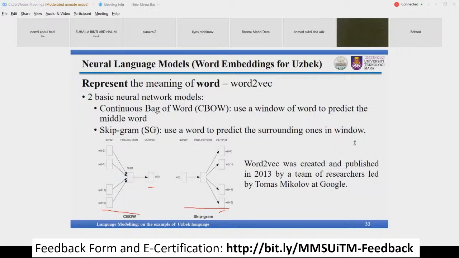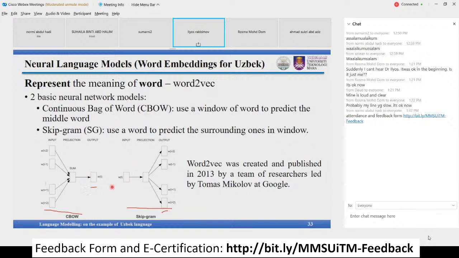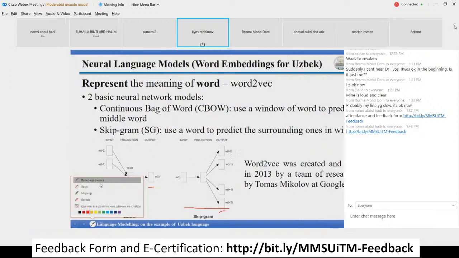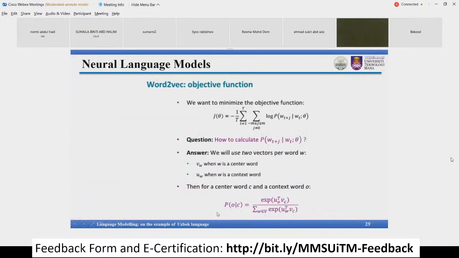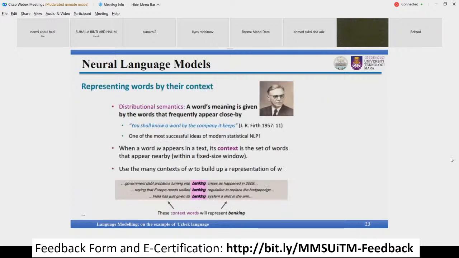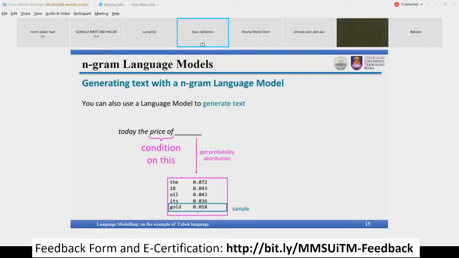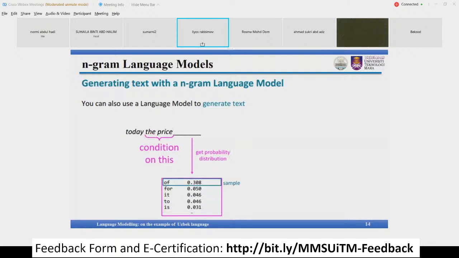Dr. Ilyos, what mathematics do you use in your research? You use vectors, statistics? Yes, they use some statistics techniques here, and probability.